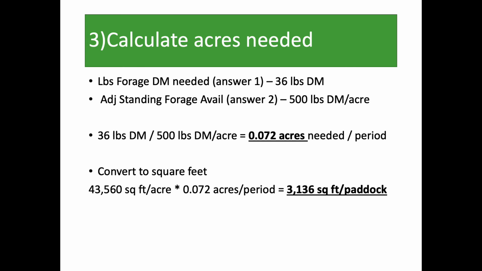So actually, this part is incorrect. So 775 times 3 times 0.02 times 0.75. Let me do that math again, make sure I'm not wrong. Yeah, that part, you're about double what you need to be. I'm not sure where that went wrong.